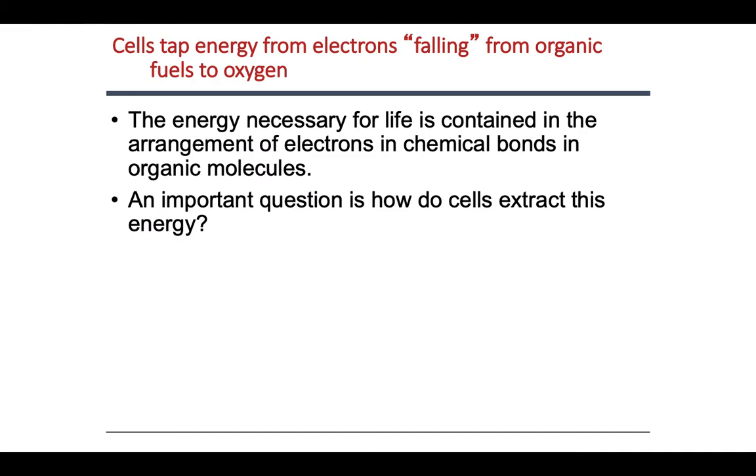Cells tap energy from electrons falling from organic fuels to oxygen. The energy necessary for life is contained within the arrangement of electrons in chemical bonds within organic molecules. Now, an important question then is, how do cells extract this energy?